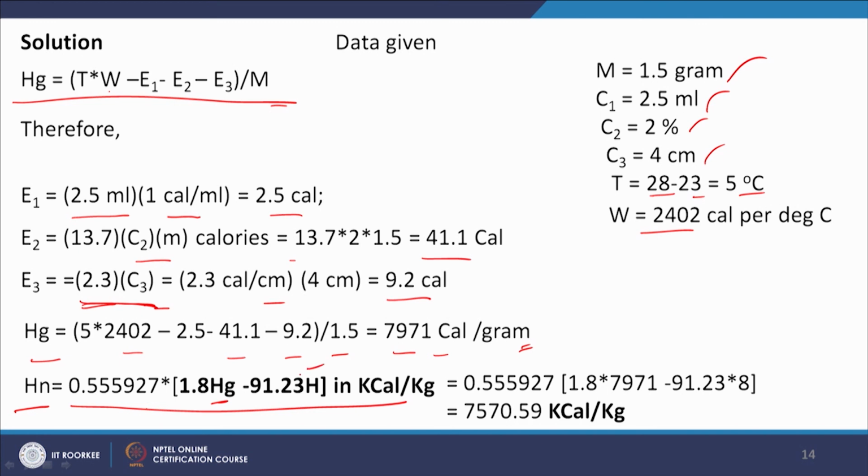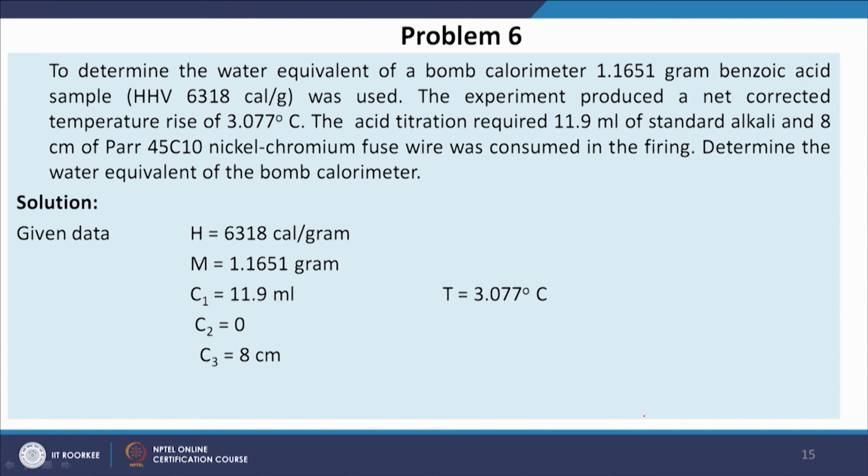In our problem statement the percentage of hydrogen is given, so we will use this formula, keeping the values of Hg equal to 7971 and H as 8%, which is already given. By this calculation we are getting 7570.59 kilocalorie per kg. So, now the problem is solved.